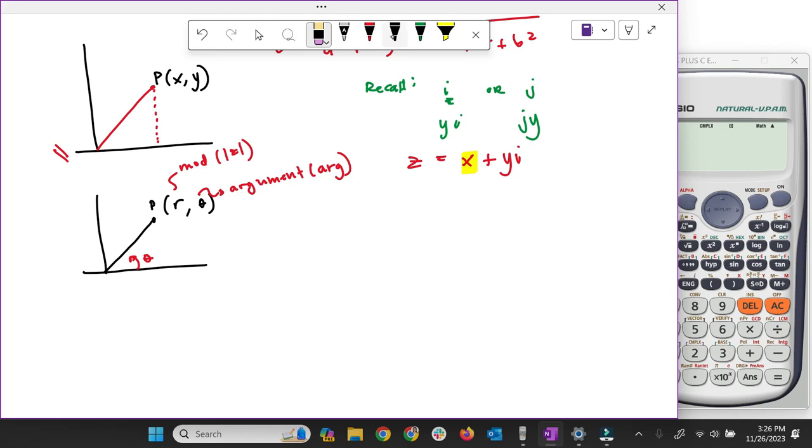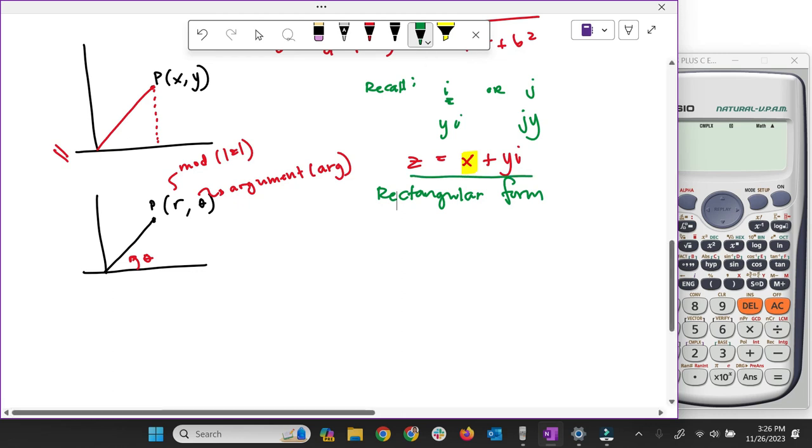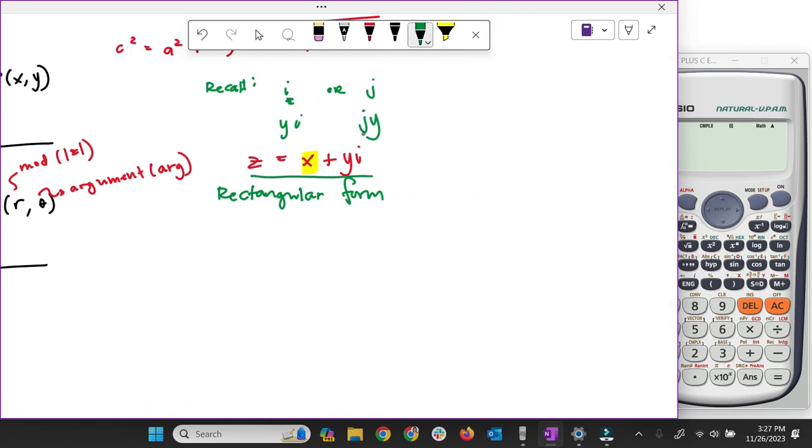So, if we will convert the rectangular form to its polar counterpart, polar form, it follows the format na z is equal to r angle theta.